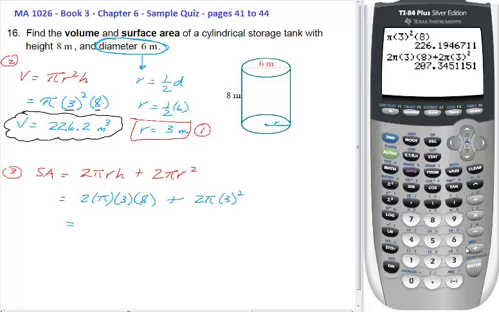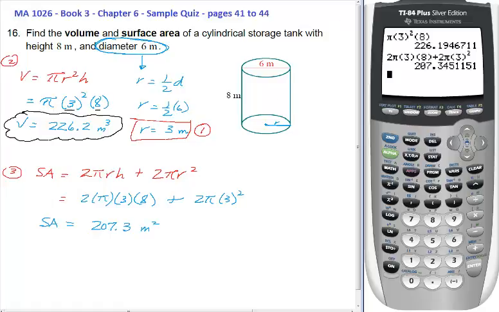So I get 207.3, and we went one decimal place on the last one, so let's do the same here. And that would be surface area, which of course we know is in square meters.